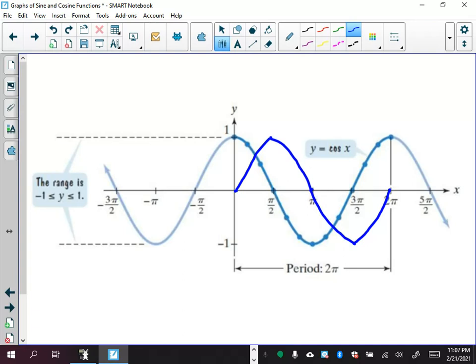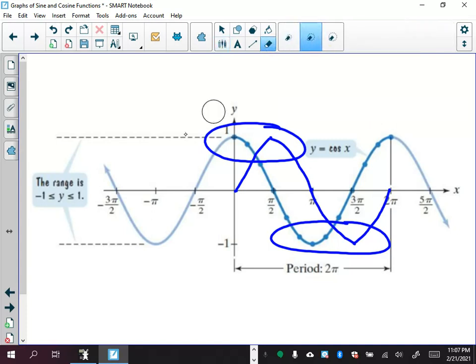And if you notice, the cosine graph looks virtually the same. The only difference is the starting point. They have the same curve, the same flow. So if you look at how it's transposed, they're virtually the same thing, just shifted. That's all the difference between sine and cosine.